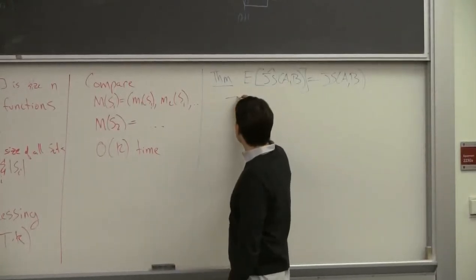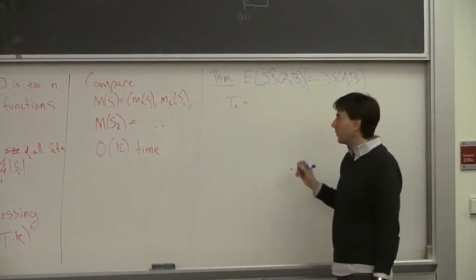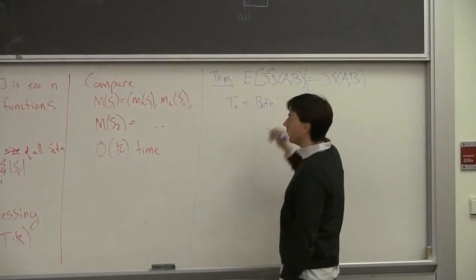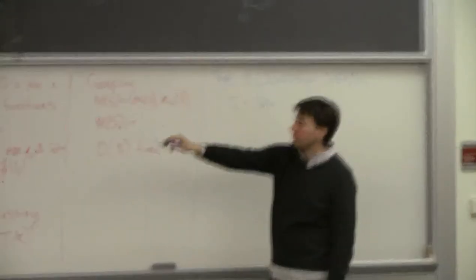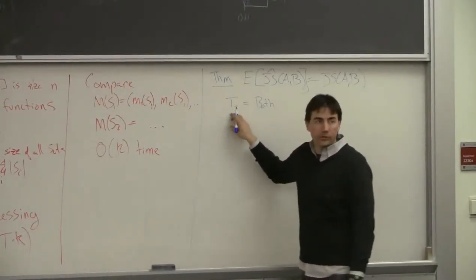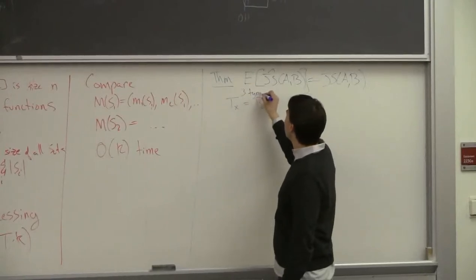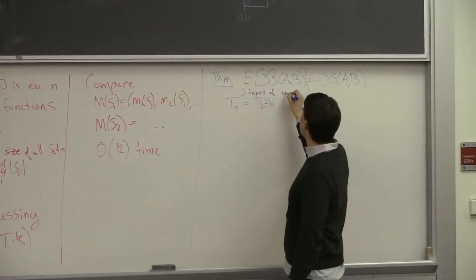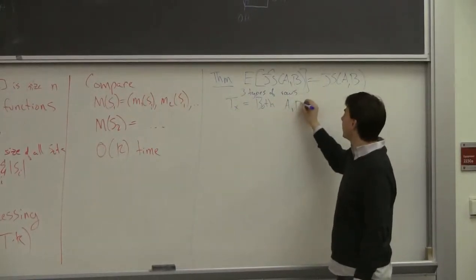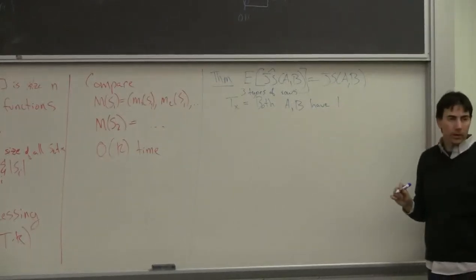So type X are going to be, if you look at this table again, we'll start with this randomly permuted table. We're going to have three types of rows. Type X: both A and B have a 1.